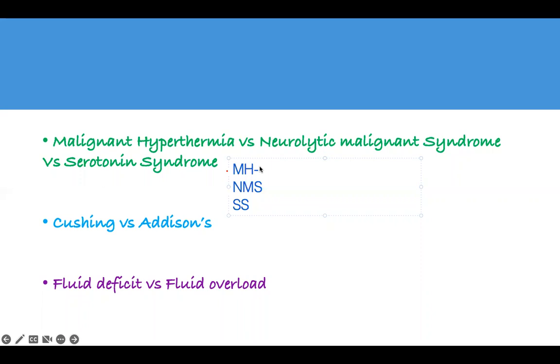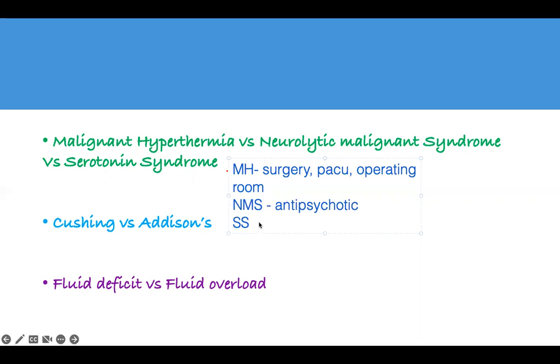Malignant hyperthermia is usually somebody who just had surgery. They are in the PACU or they are in an operating room right away, operating room still. Okay, that's when their symptoms will present. What is NMS? Somebody on antipsychotic. So he's on antipsychotic. And what is serotonin syndrome?